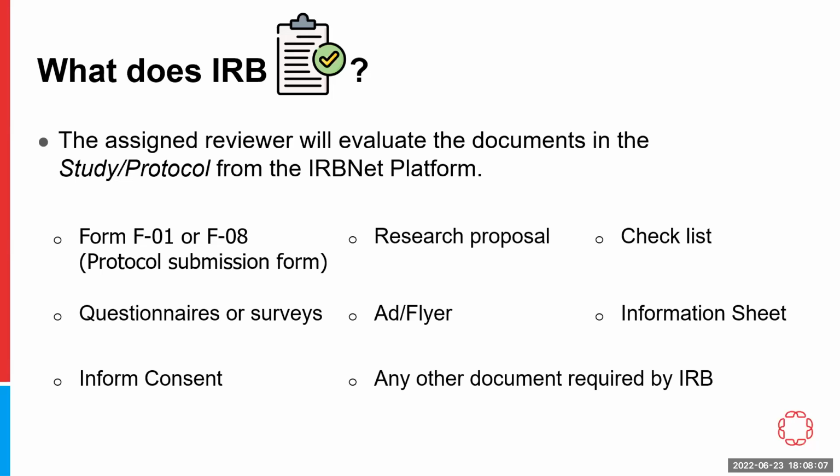Some of those documents are the protocol submission form, which could be F01 for research studies or F08 for literature reviews or case analysis; the research proposal, where we concentrate mostly on chapter 3, the methodology, although we do read all three chapters; checklists, questionnaires or surveys, any ad or flyer, information sheet, informed consent, or any other document the IRB requires to be evaluated.